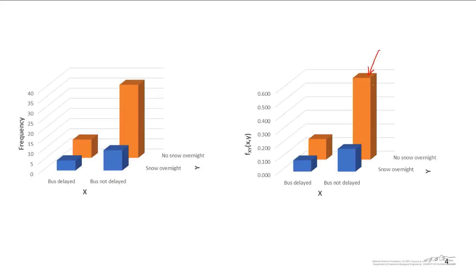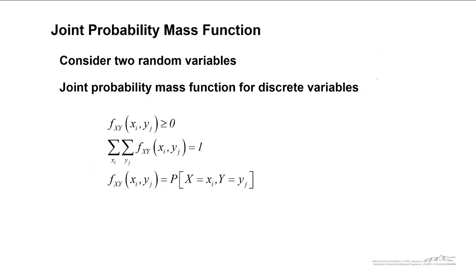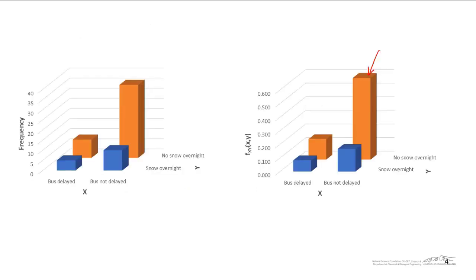That's what I was just referring to here, where the sum of all of these bars has to equal 1. If you want to calculate the probability that x is exactly equal to some number and y is exactly equal to some other number, we can just substitute into the joint probability mass function those values of x_i and y_j. And that's what I did earlier when I calculated the probability of this large bar being 0.60.